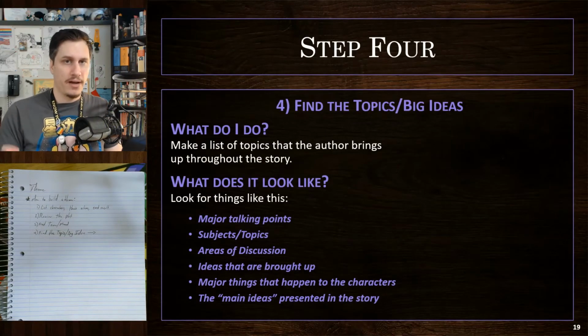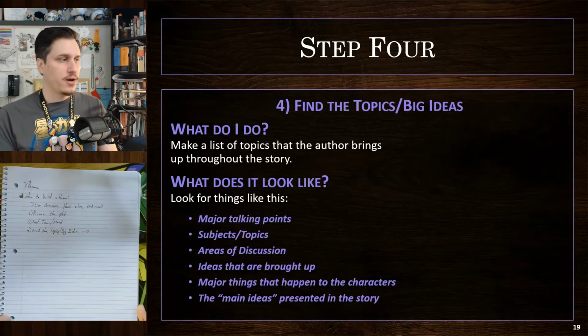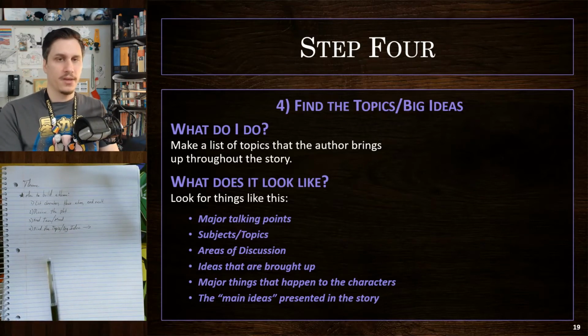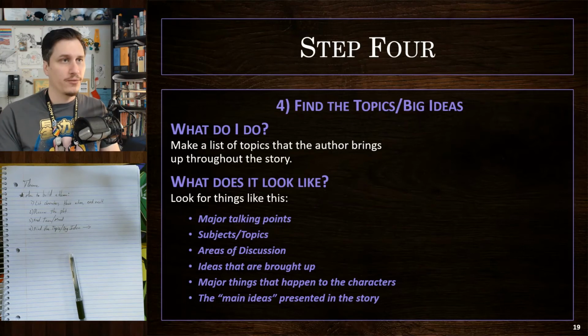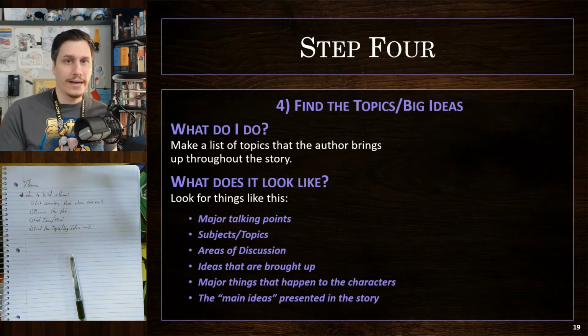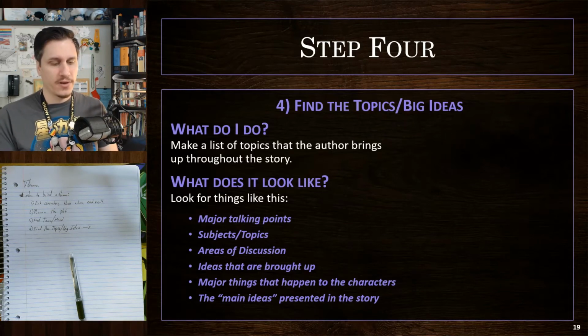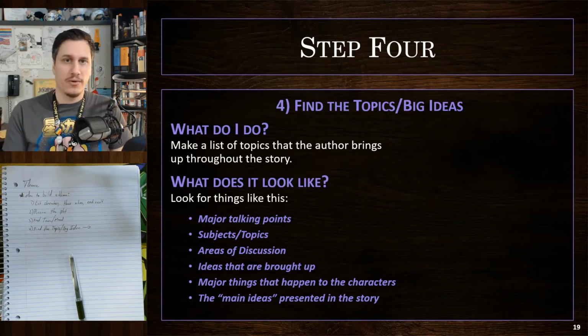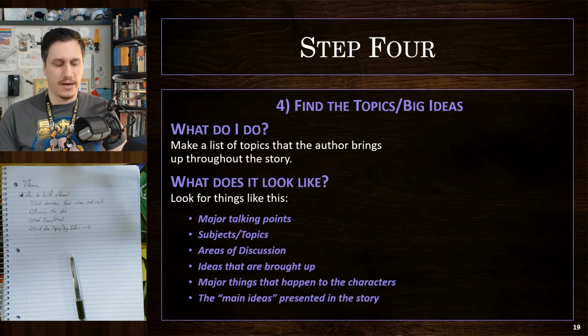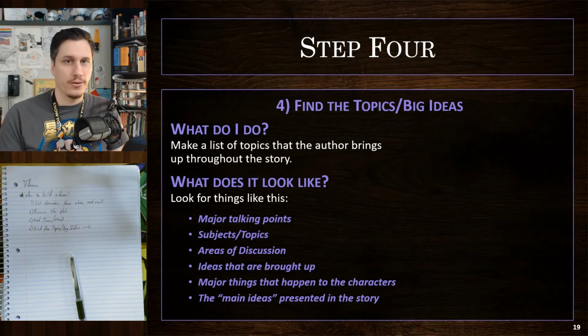Okay, what do I mean by find the topics? What you're trying to do is basically take a story like Freedom Writers or The Giver, The Outsiders, Romeo and Juliet, whatever, and narrow it down to its core ideas. What are the main ideas that it has? For example, my students just watched the movie Freedom Writers, which is about a teacher fresh out of college who goes to a really rough school, and she helps these kids learn who they are.